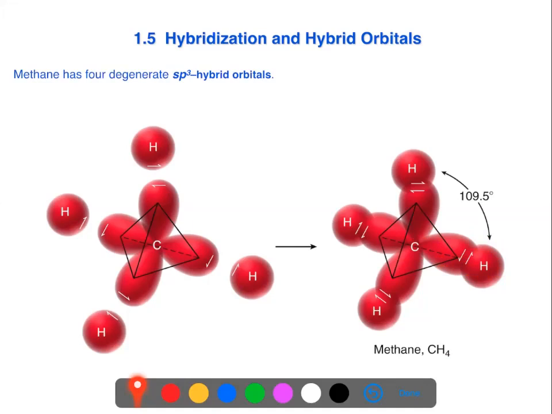And so the nature of the bonding for methane, now that equivalency between all the carbon-hydrogen bonds is accurately depicted with this hybridization idea. And so in methane, we have 4 degenerate sp3 hybrid orbitals, and they overlap with the s orbitals of hydrogen to give you your covalently bound structure.